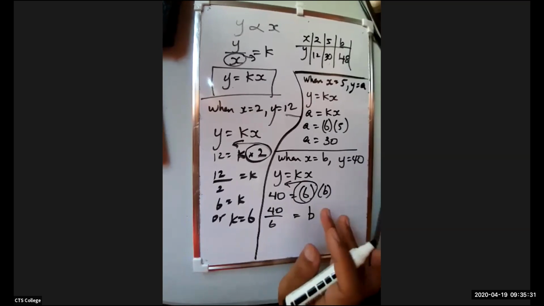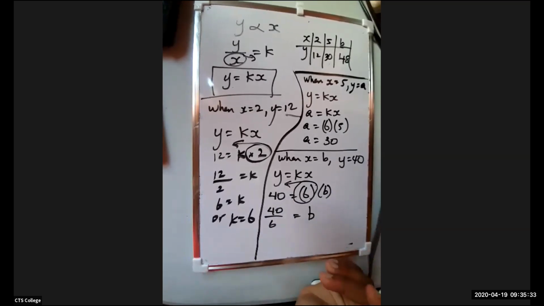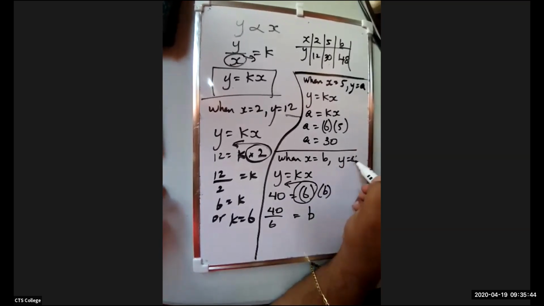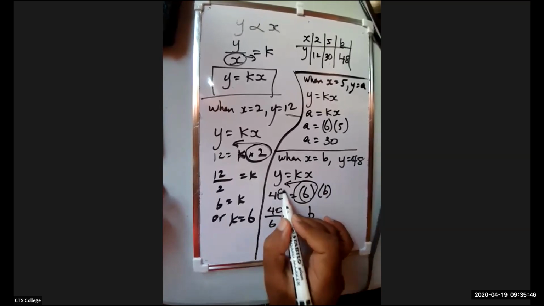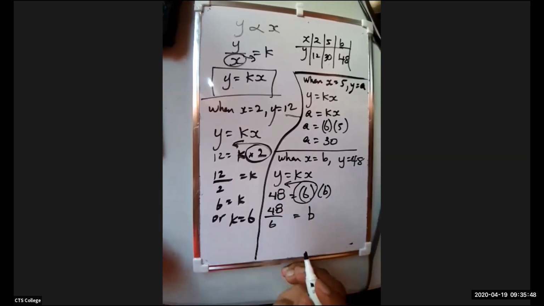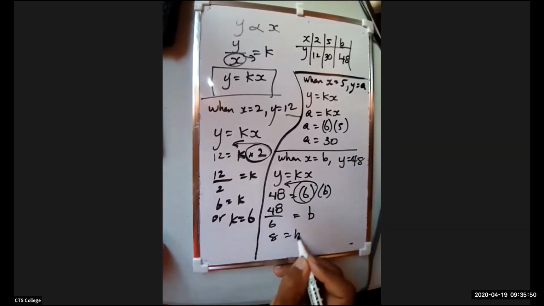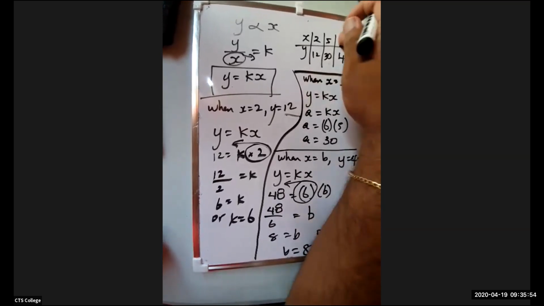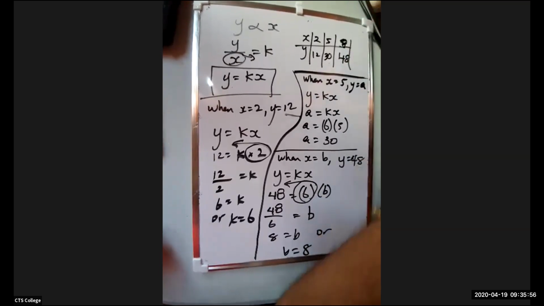It's 48, my bad, not 40. So 48 divided by 6 is 8, equal to b, or b is equal to 8. So here now, it's 8.